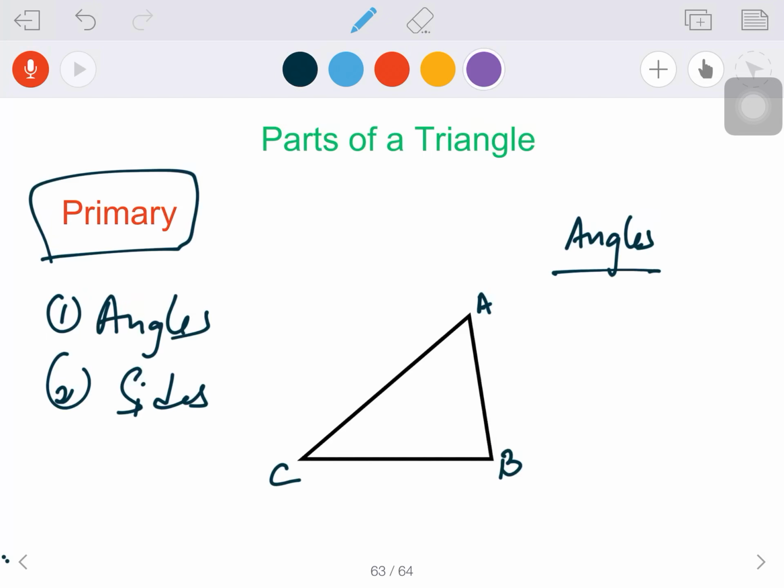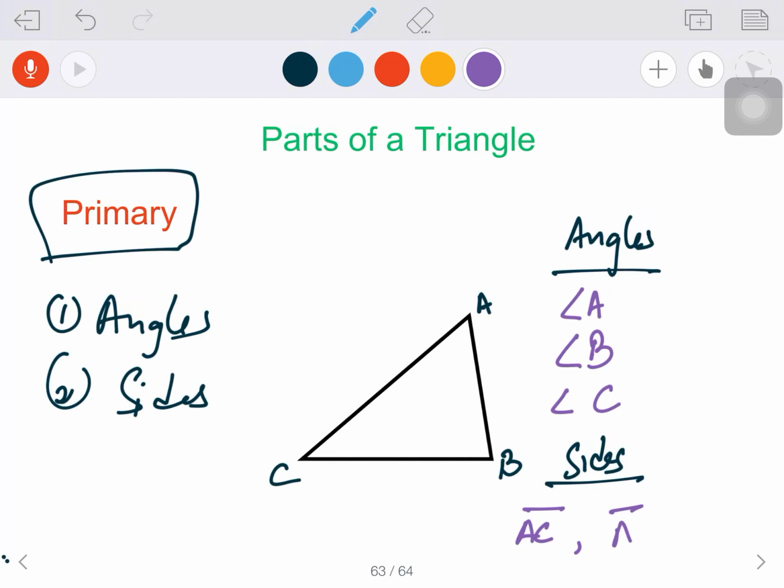First, we have angle A, we have angle B, and we have angle C. What about the sides? How do you name them? So our sides are the following. We have side or segment AC. Okay, we also have segment AB and segment BC.